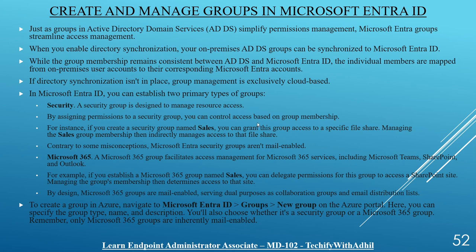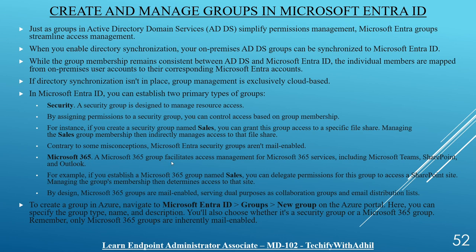So you just manage the group which has the users in it, and you don't need to worry about the file share access separately. Contrary to some misconceptions, Microsoft Entra security groups aren't mail enabled.